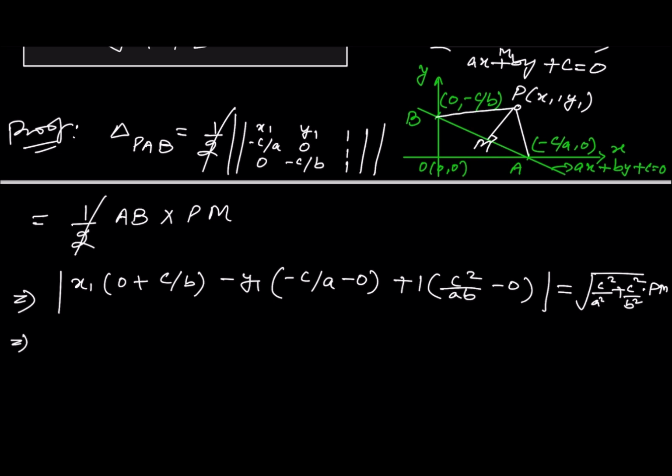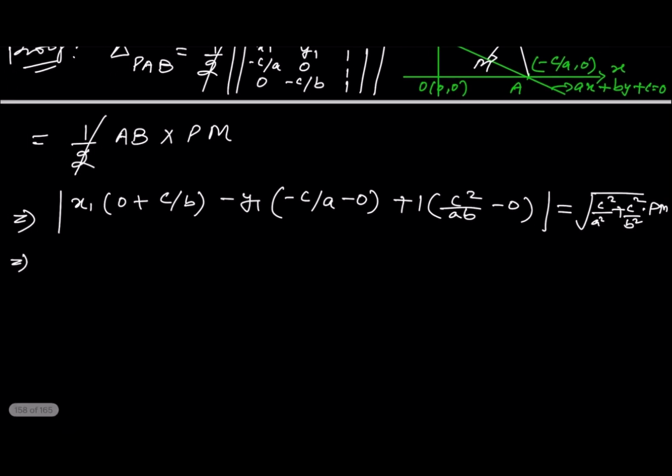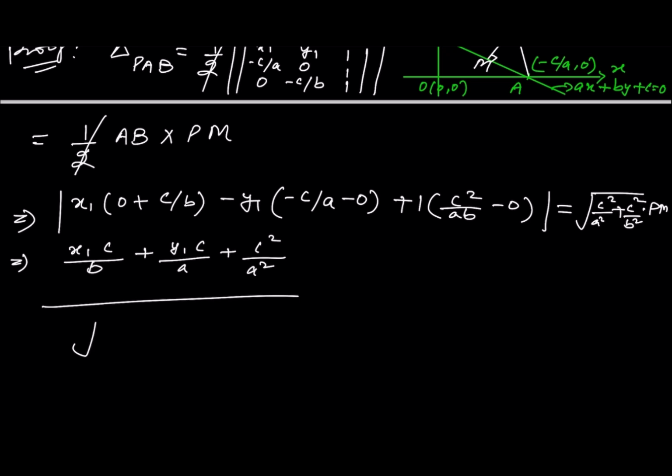So after simplifying, what we will get, x1 c by b plus y1 c by a plus c square by ab on root over c square by a square plus c square by b square is equal to PM.